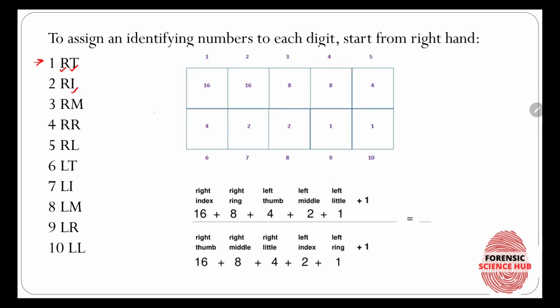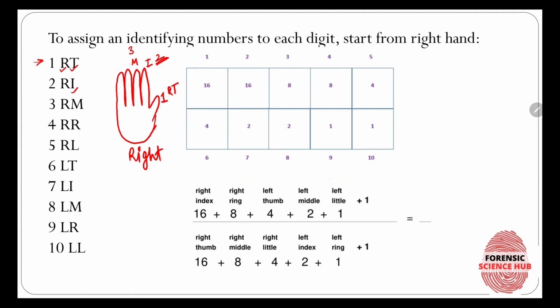For example, if this is your hand, this is your right hand. We start from the thumb, so this becomes the right thumb. Then we go to the index finger, and we give it a second identifying number. Then the third is the middle finger, and we give it a third identifying number.